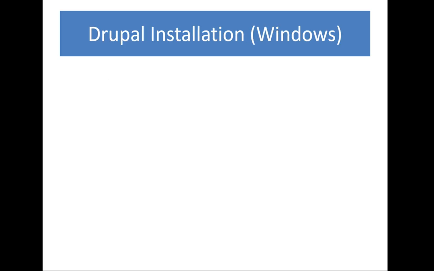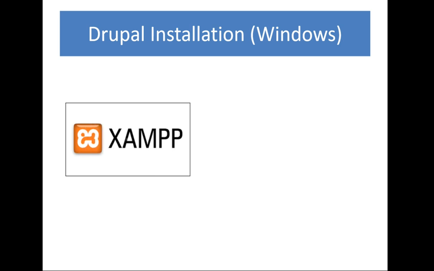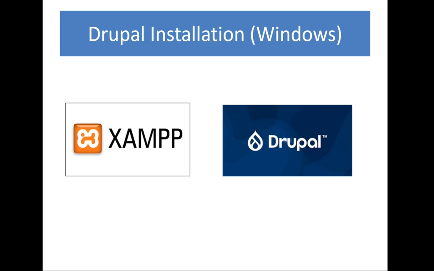So if I want to install Drupal on a Windows operating system, then we must have XAMPP installed. That is useful for running PHP programs. It has MySQL also, and you need a Drupal setup.